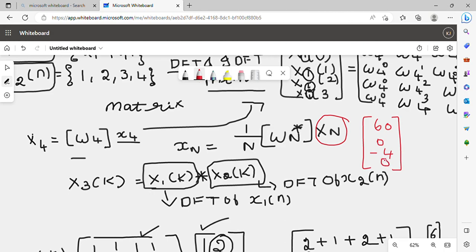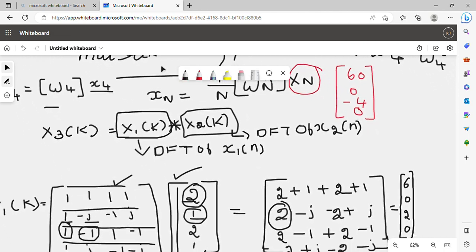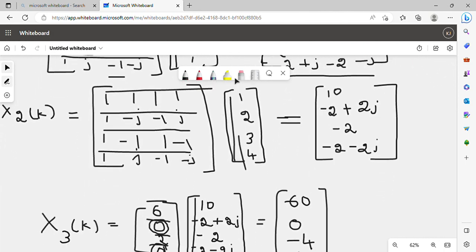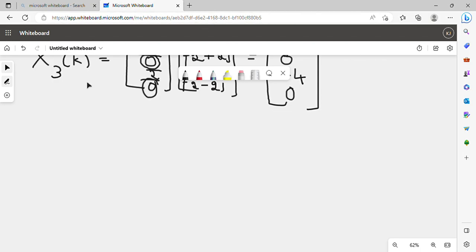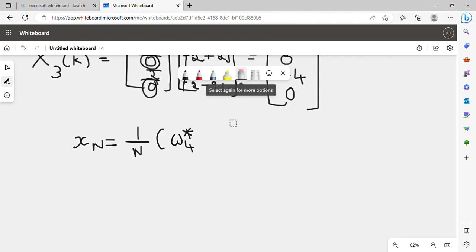Now let me solve according to this. For my IDFT, x of n is equal to 1 by n into omega n star into x of n. My n is 4 now, because it is the omega 4 matrix, so I'll directly write it as 4, but for the formula purpose, let me write it as n.